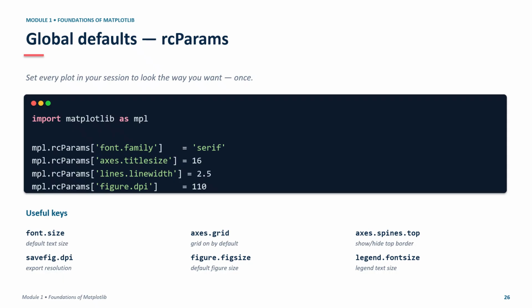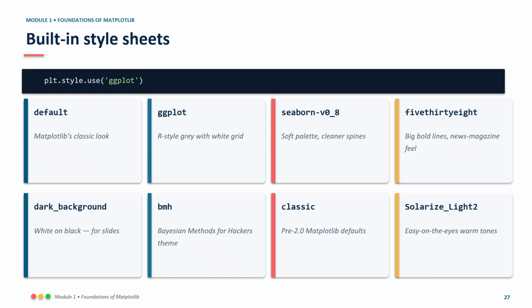This is the beauty of using rcParams. In a professional workflow, teams often have a shared rcParams configuration at the top of every project notebook, ensuring consistent styling across all the charts. Then you can go ahead with these global default settings.